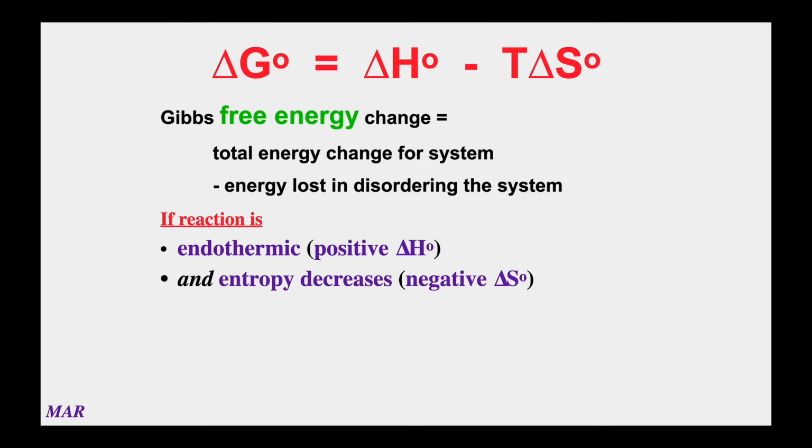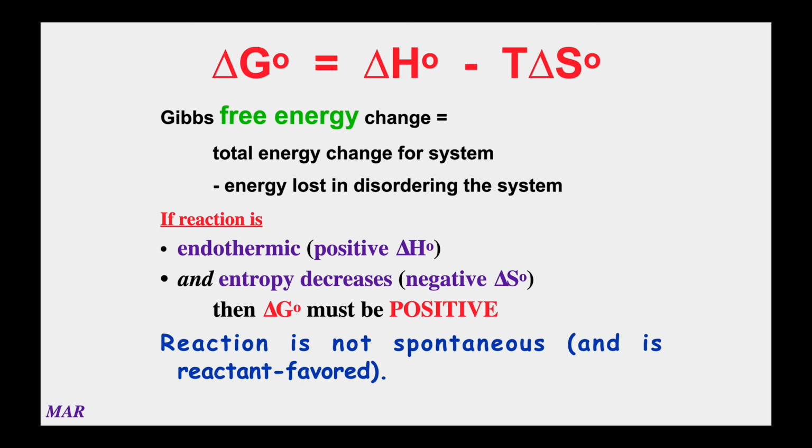In those cases, delta G will always be a positive number. So if you end up with a reaction that's endothermic and a decreasing entropy, you will always be in a non-spontaneous state. Those reactions just won't occur. They're going to be reactant favored, or they won't occur to a very appreciable extent like we've seen with equilibrium and stuff like that.